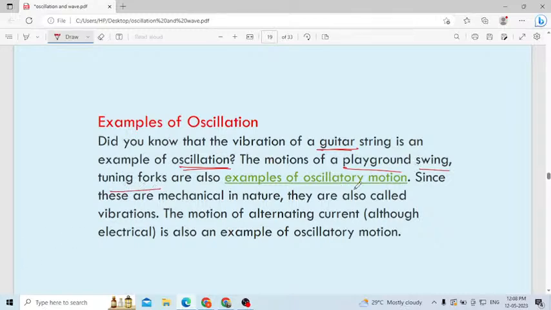Best examples are in the playground, you can see the swing. Then tuning fork, since these are mechanical in nature, they are also called vibrations. The motion of alternating current is also an example of oscillatory motion.